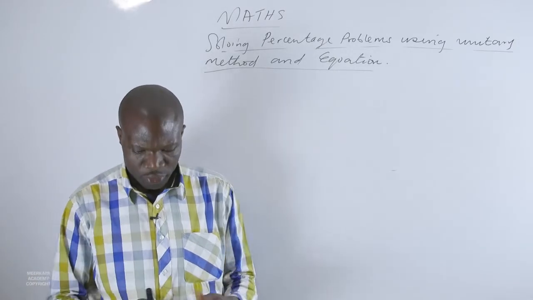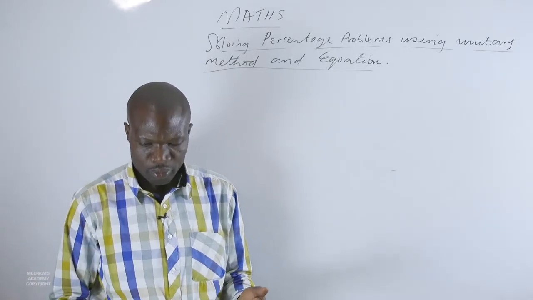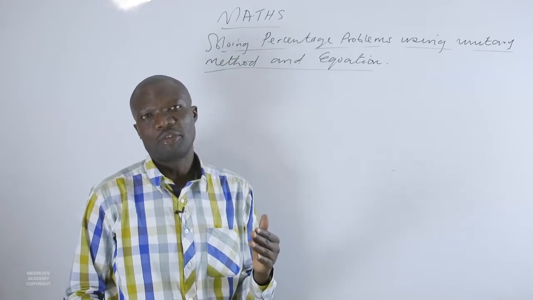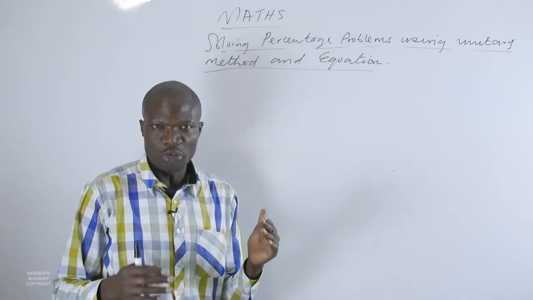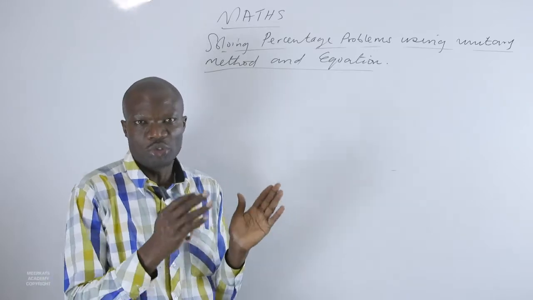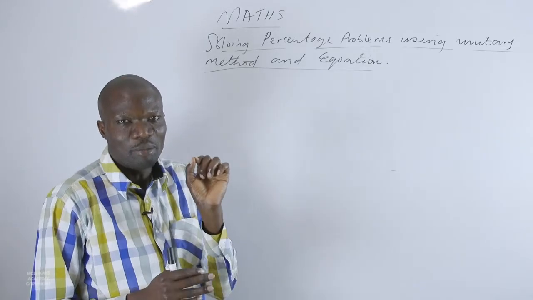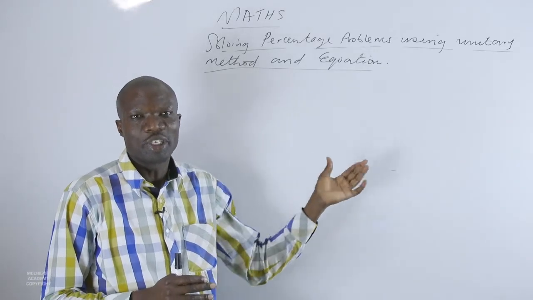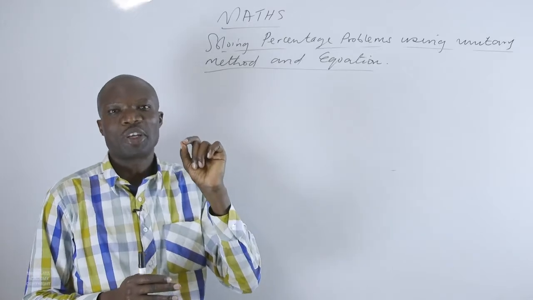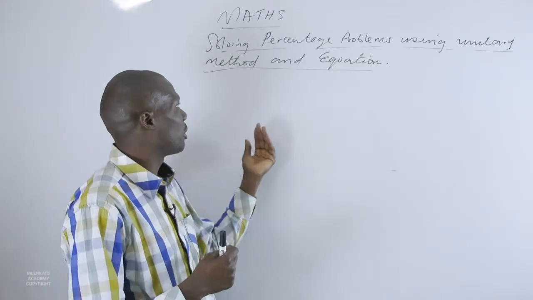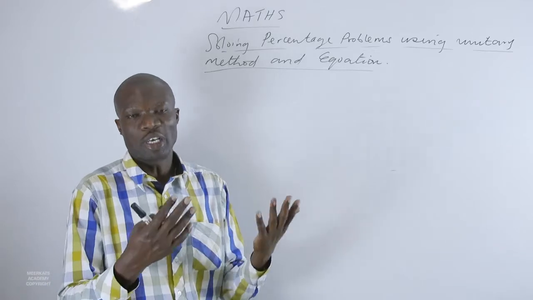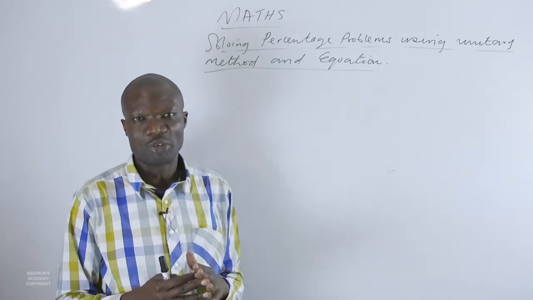Now, if you know a percentage amount of something, but you do not happen to know the whole amount, the unitary method can help us to calculate the whole amount.